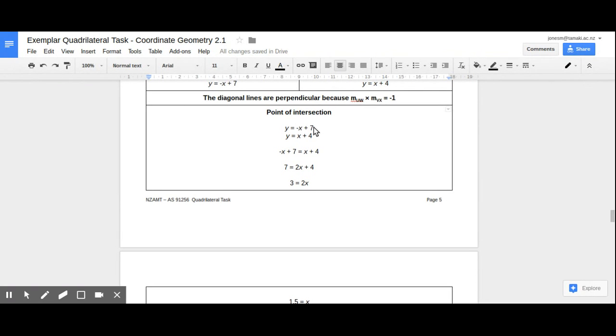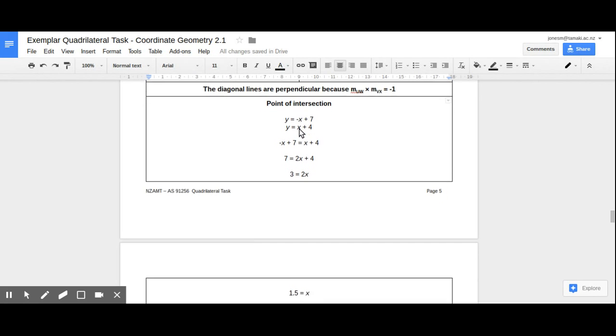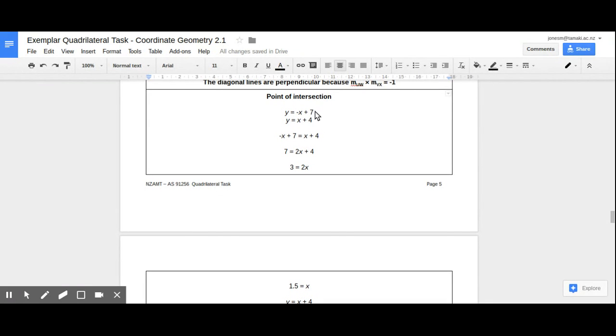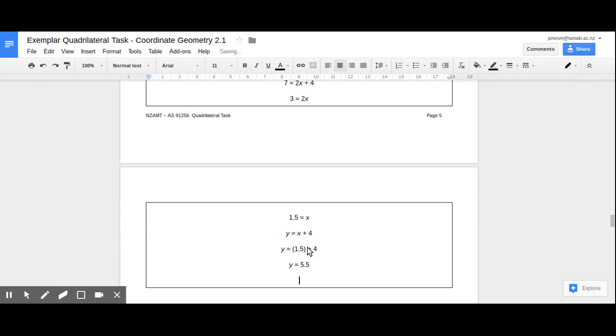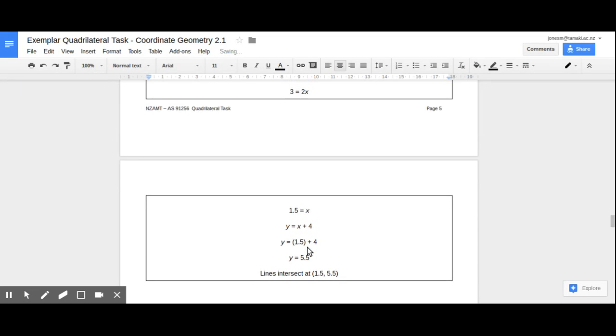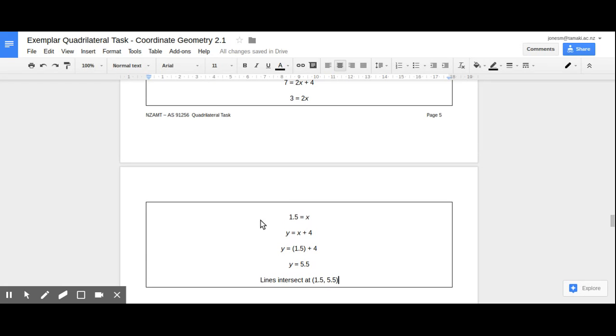But I could have done negative x plus 7 as well, and that would have been negative 1.5 plus 7, which would have given us the same answer of 5.5. So that means the lines intersect at the point 1.5, 5.5. So we have just worked out where the lines intersect.